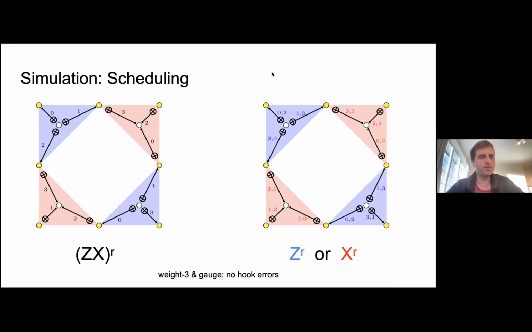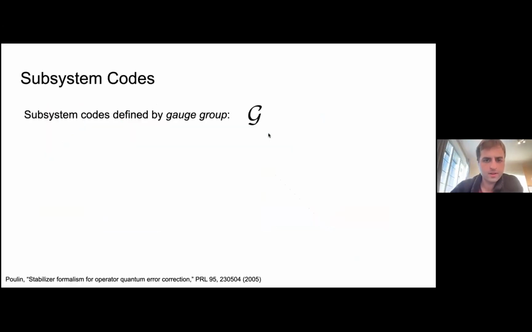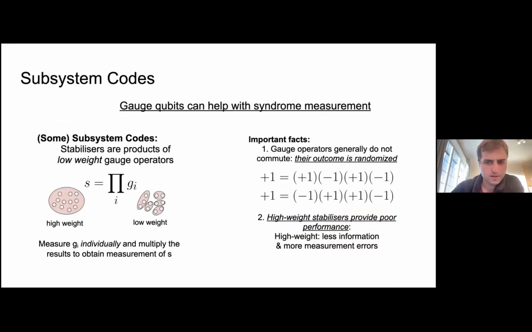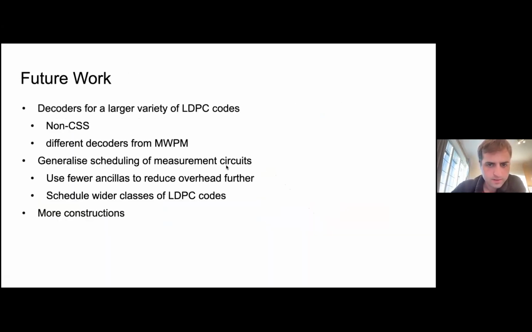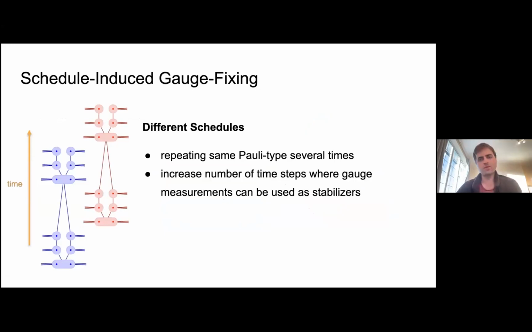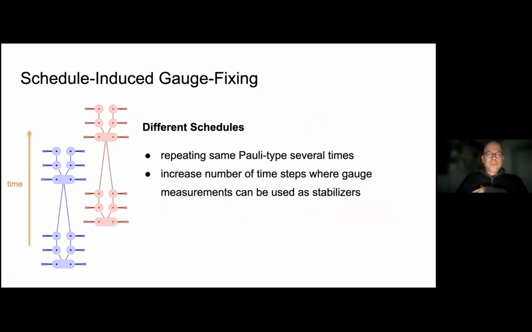And there was a paper by Christophe Ryan, Ling Lau and others, I'm trying to find the reference, showing how lattice surgery can be seen as gauge fixing. So you can consider a larger subsystem code, in which lattice surgery is gauge fixing.